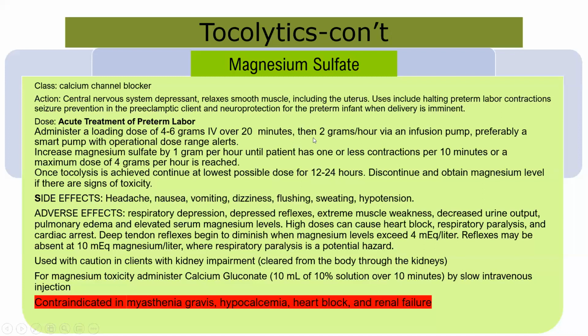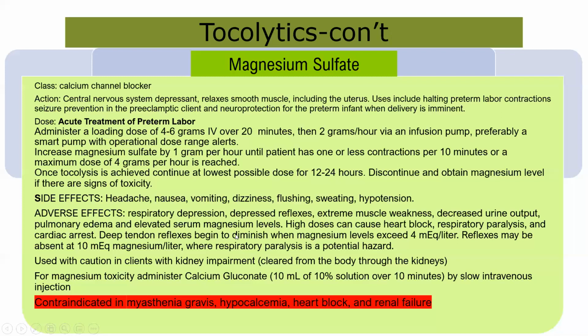And one of the adverse effects that we see of magnesium sulfate is respiratory depression. We also see depressed reflexes, muscle weakness, decreased urine output. All of these things are what we're looking for. So when you have a patient on a magnesium sulfate maintenance dose, you're going to be going in every 1 hour to 2 hours, depending on your patient, depending on your policy, and looking at respiratory rate, reflexes, and urine output, and lung sounds to make sure she can still take a deep breath.